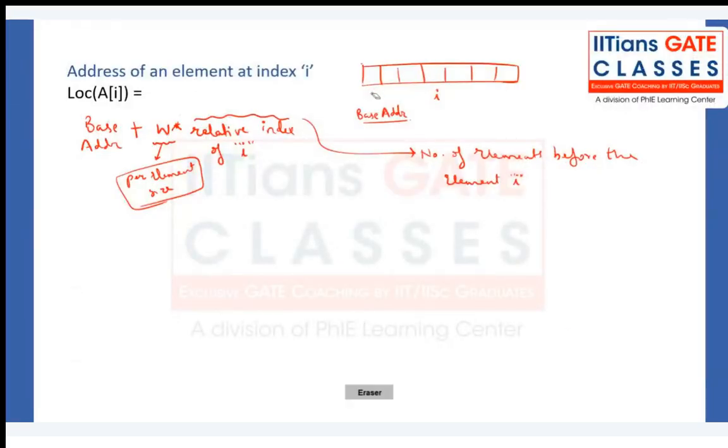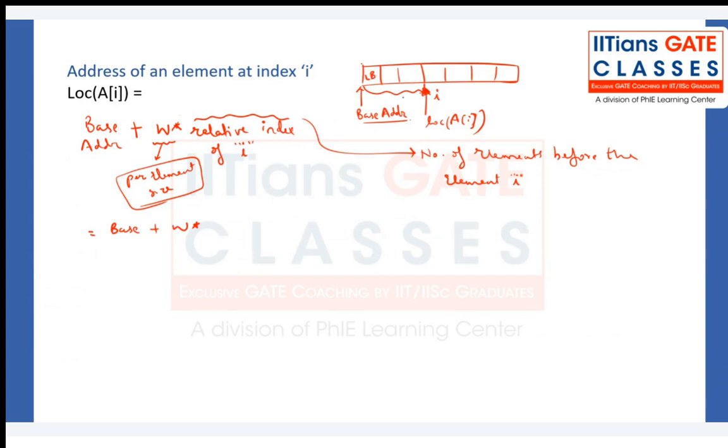So we have the base address and it starts from here. Now we already have the per element size, and we need to go forward by the number of elements which are previous to I, and then we arrive at this location, which is nothing but your location of A of I. So if we write it in a formula, it's base plus W into, and this is also your lower bound, right?